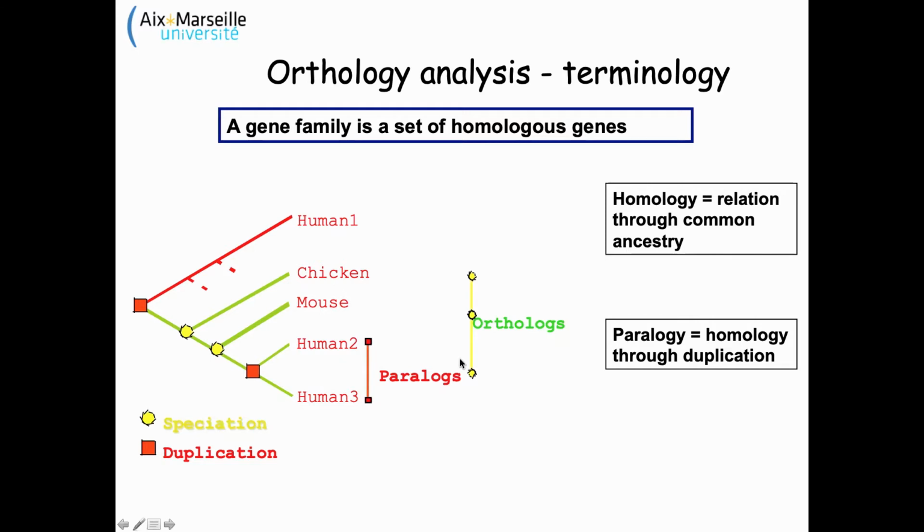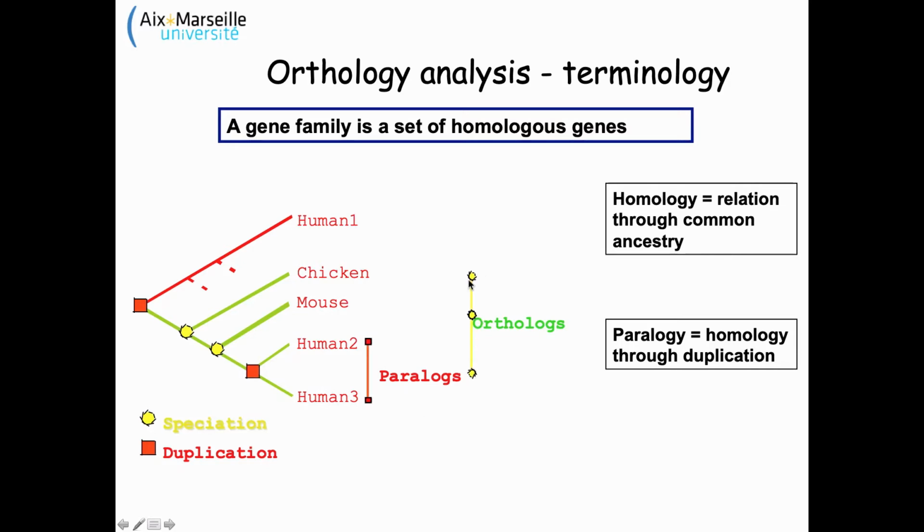It's clear for everyone. Paralogs, if they come from a duplication event here in red, you see the common ancestor between human 2 and human 3 genes here. Both are due to a duplication event.